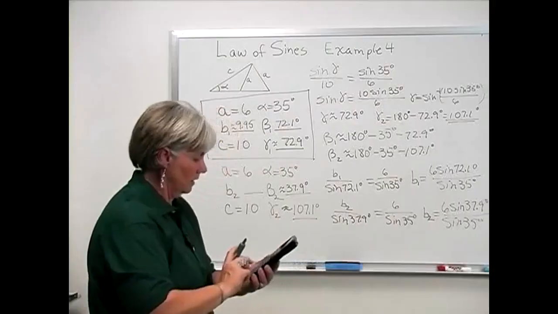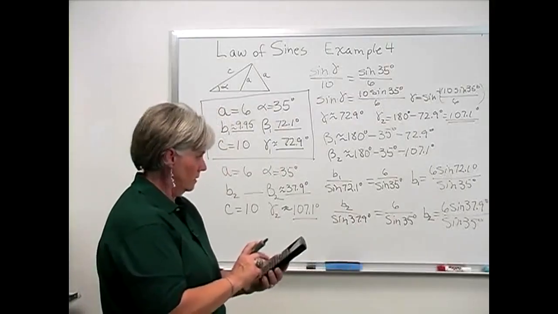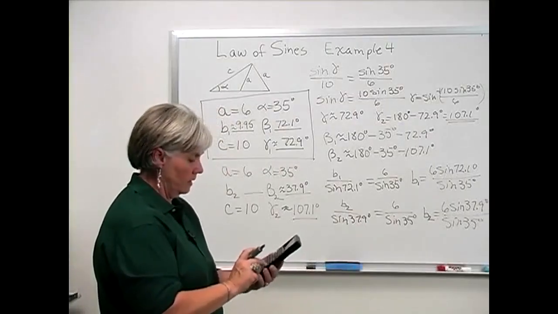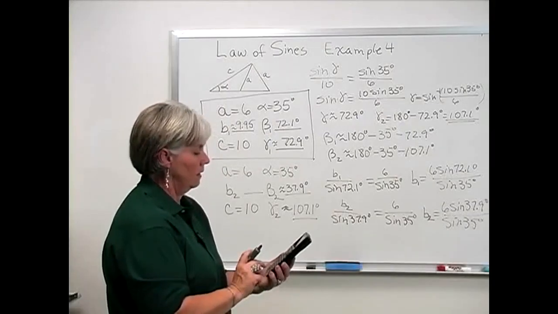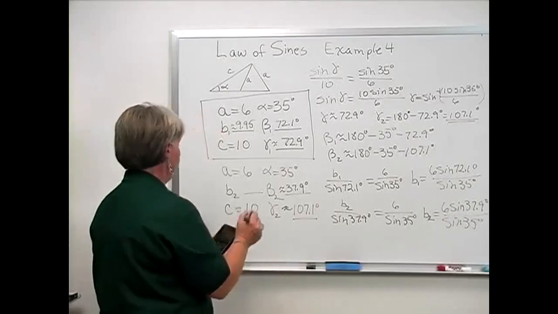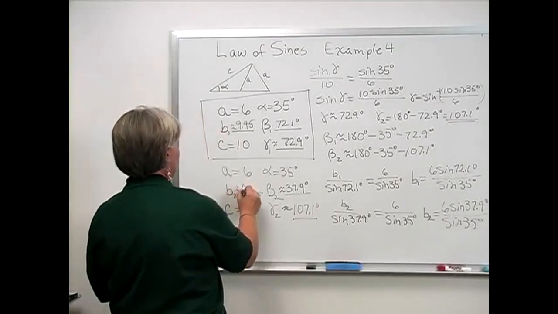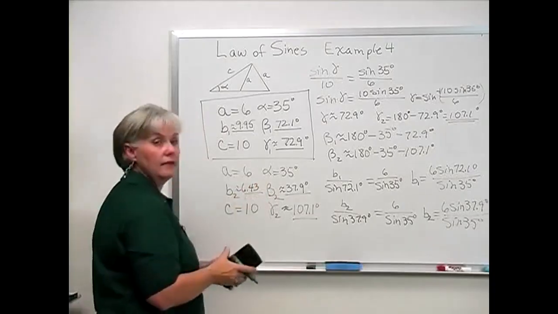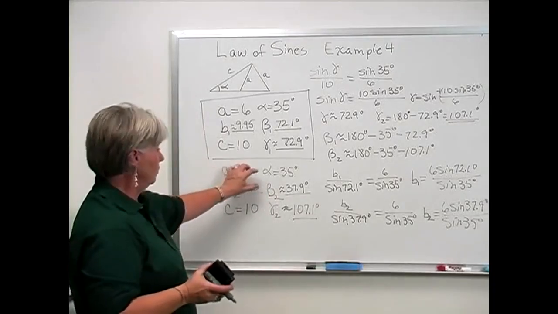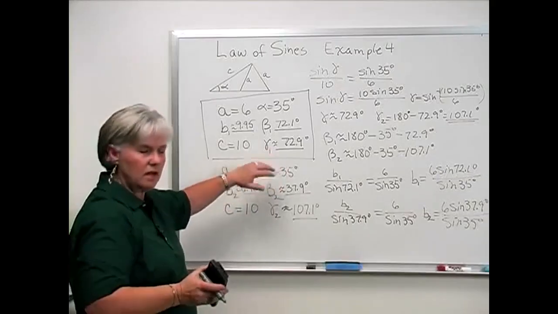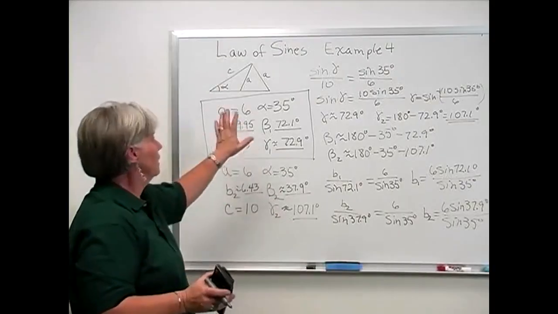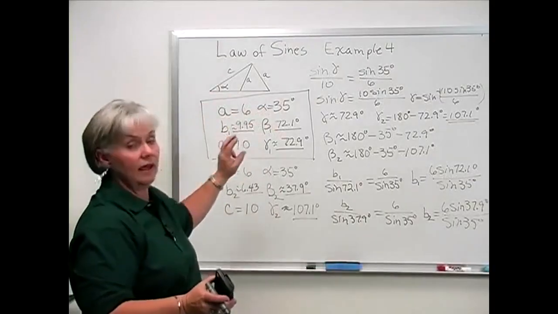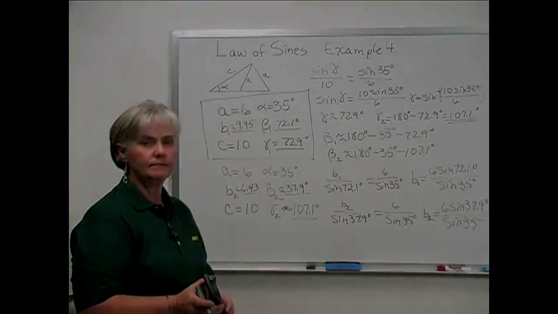All right, we'll calculate that. 6 times the sine of 37.9 divided by the sine of 35 is 6.43. Again, that's what I expected. I wanted those to be close because the angles are close. So that's just a visual check you can give yourself. So now we have solved the law of sines case where we have two triangles.